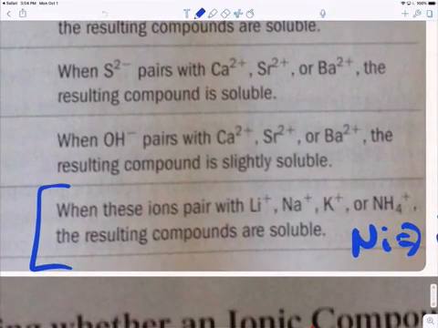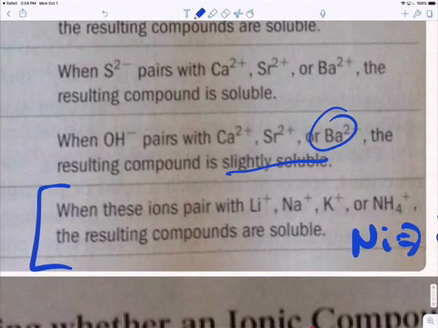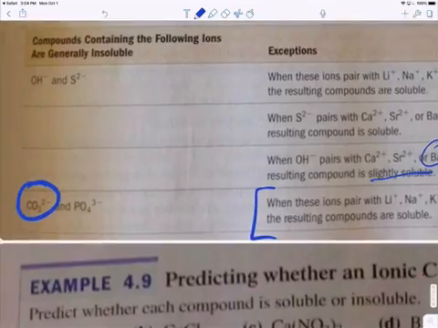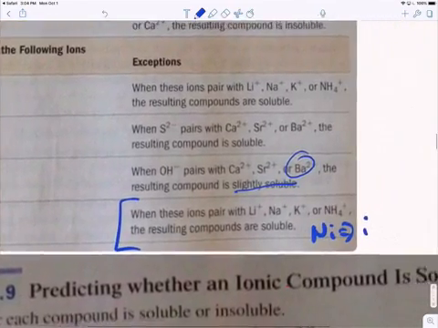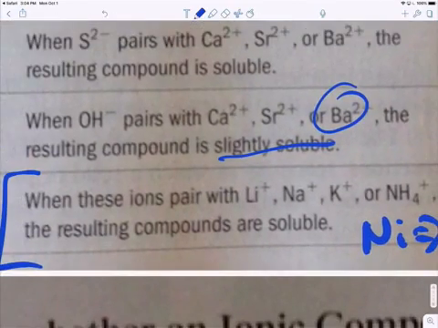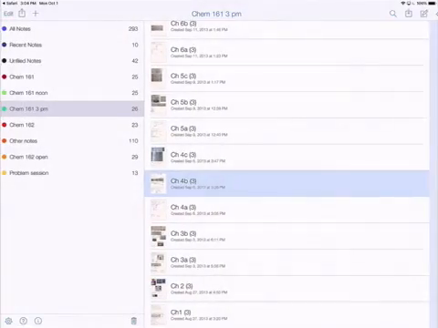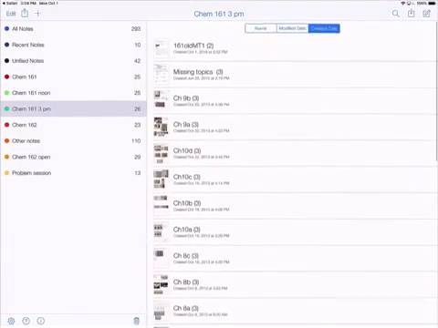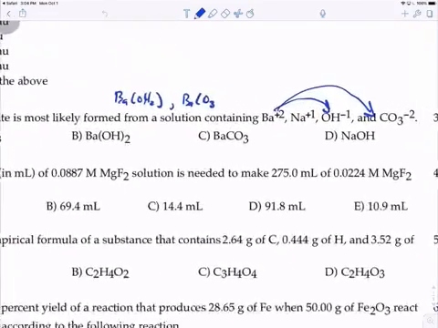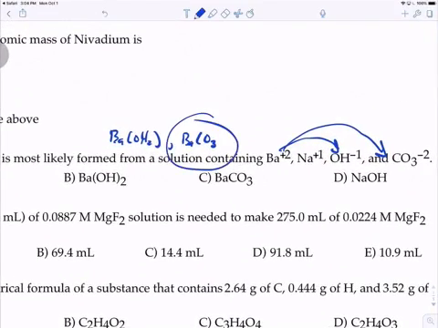Hydroxide pairs with barium is slightly soluble, and the next one over is carbonate, and carbonates are insoluble with exception for alkalis and ammonium. So because of that, the most insoluble one is the carbonate.